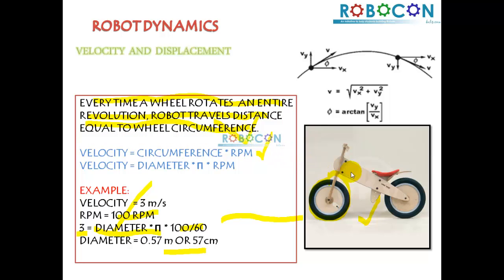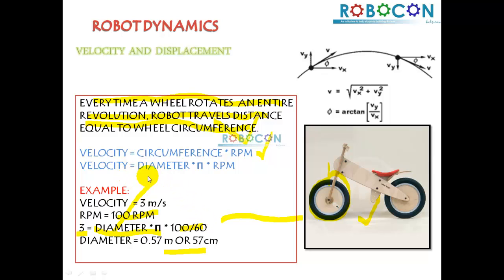If you look at this example on the right side, if the robot starts from this position and takes one simple revolution, and simultaneously if you place a thread along the circumference, and later you stretch it linearly on the ground, this linear distance will resemble the circumference or perimeter of the whole wheel.